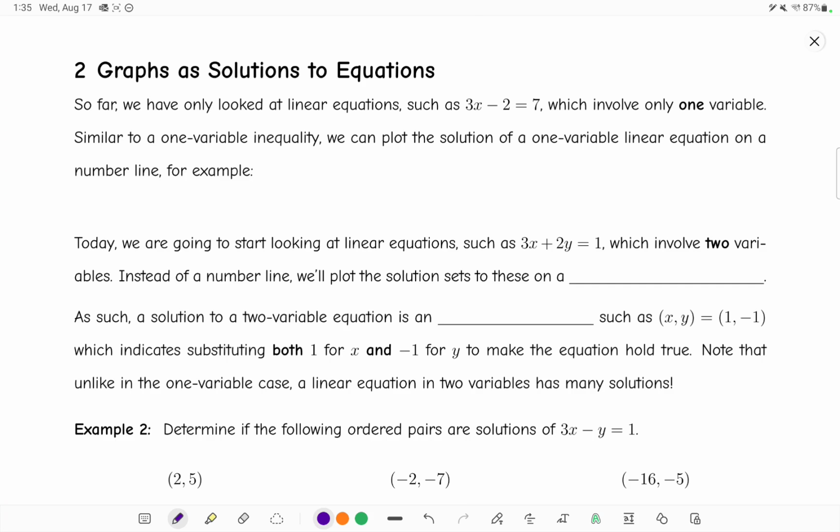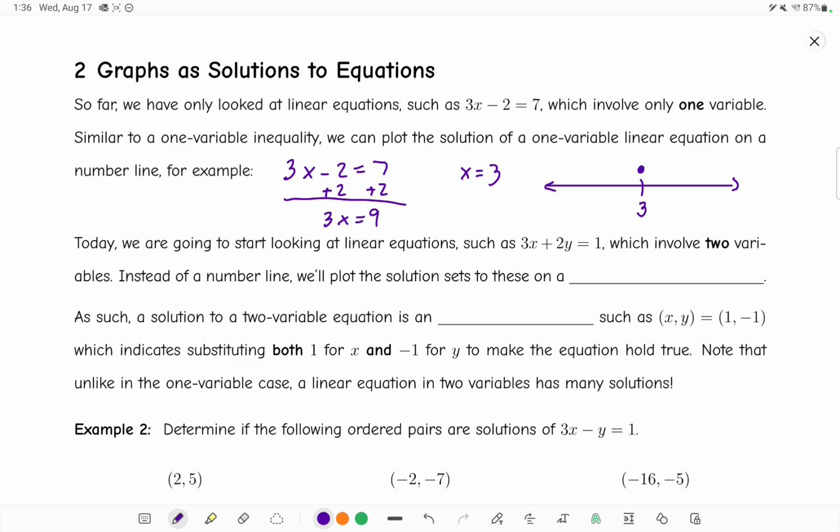For example, if we solve 3x - 2 = 7, we add 2, 3x = 9. Divide by 3, we get x = 3. So when we plot that on the number line, because x = 3 is the only solution, you only get a singular point at 3.